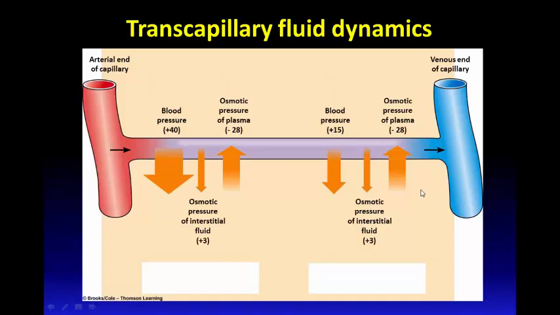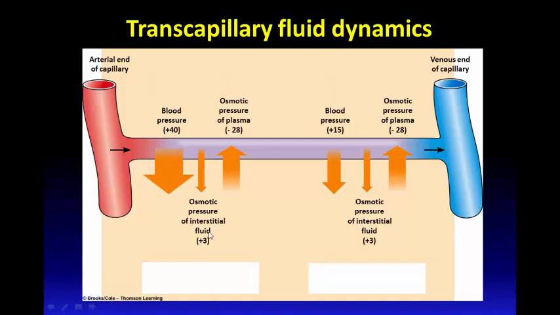The other force which favors filtration is the osmotic pressure of the interstitial fluid, which has a value of approximately 3 millimeters of mercury at the arteriolar end, and its value doesn't change at the venular end. These forces which favor filtration are given a positive sign.